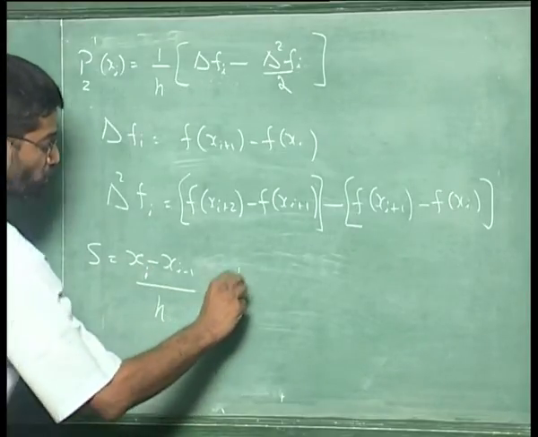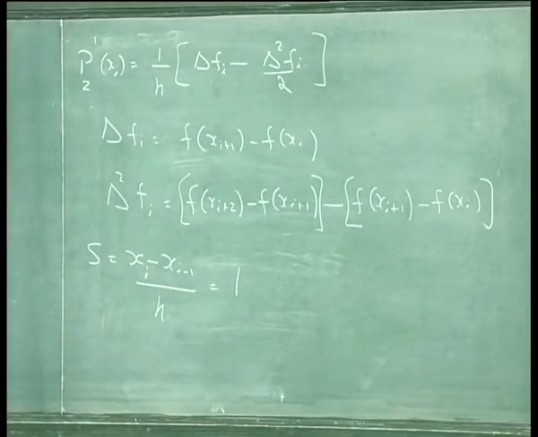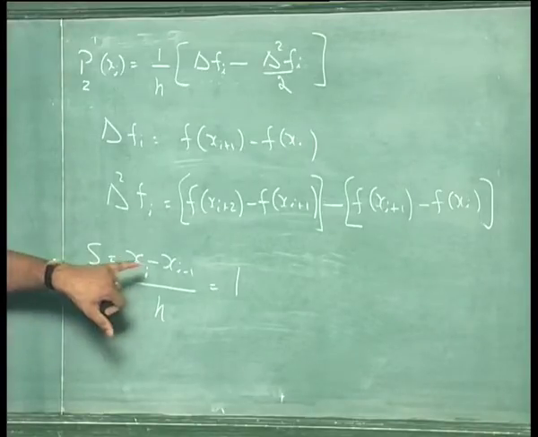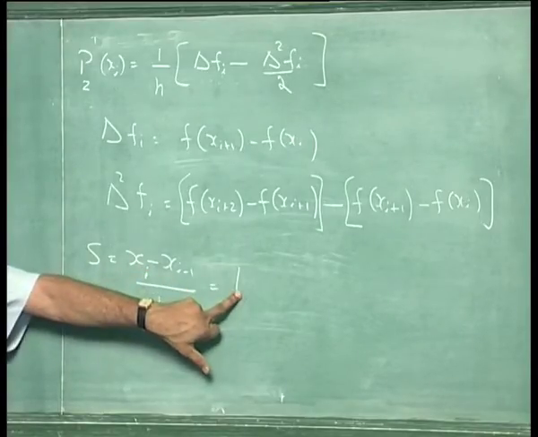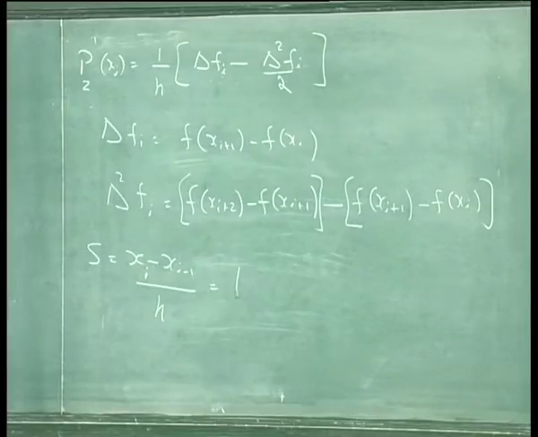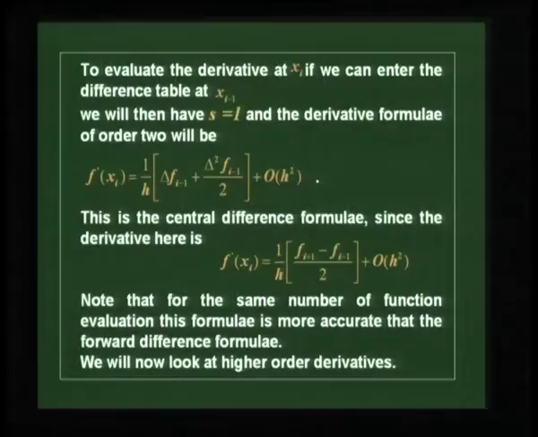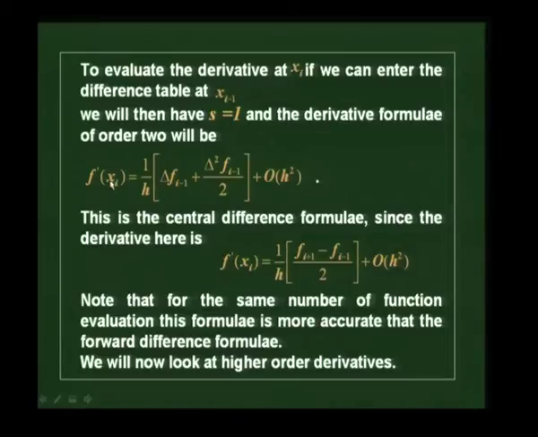So that must be 1. If you center at xi, s is 0, and if I center at xi minus 1, s is 1. If s is equal to 1, then I will get my difference formula, not the forward difference formula, in a slightly different form.